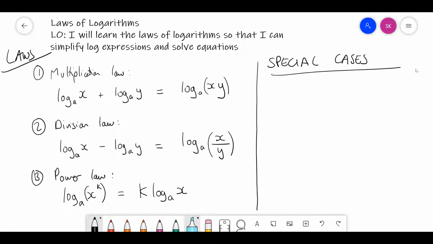So the first special case we're going to look at is the log with base a of 1 over x. Using one of the 3 laws, I want you to simplify that logarithm. So pause the video, give yourself time to think about it, and press play when you're ready to see how I do it.